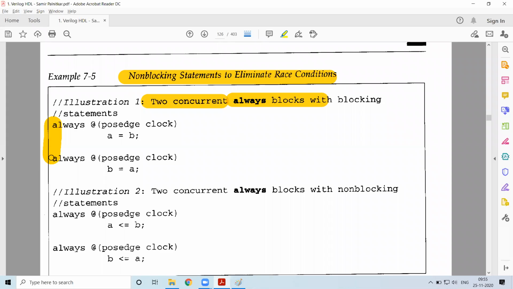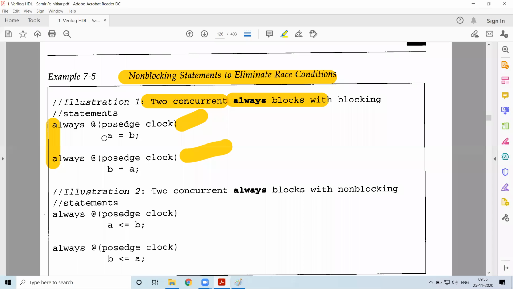These two start off with their execution because both start off at the same time. But which one will be assigned first, we are unaware of.